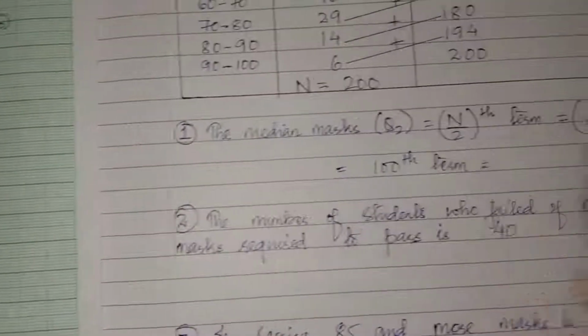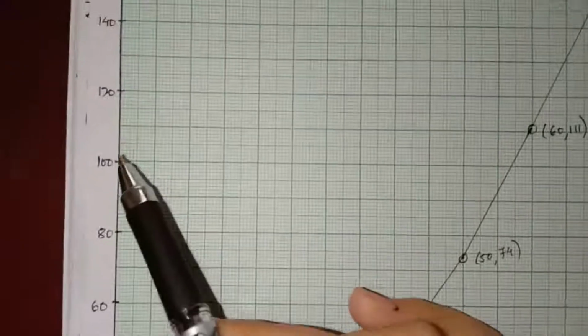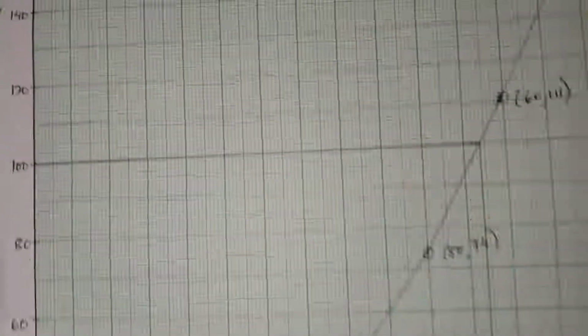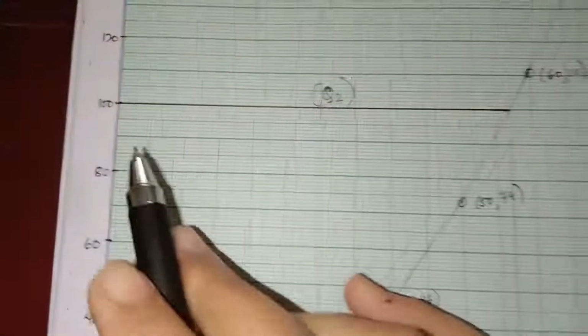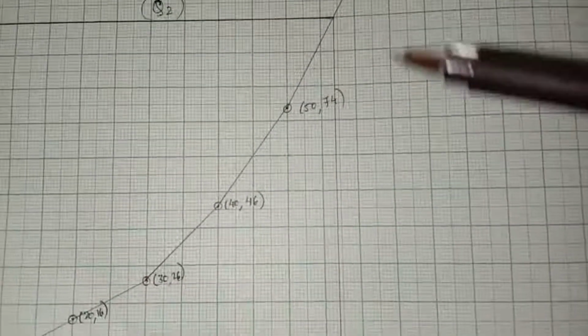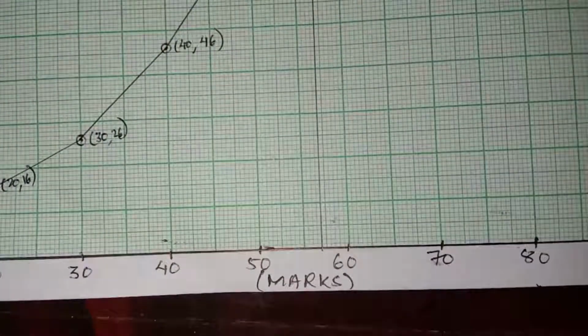First one is the median marks. N by 2th term, 200 by 2, the 100th term. So here 100 is here. From 100 we have to draw a line. This is the median, Q2. Then from here you have to drop a line on the x-axis. So we will count here.